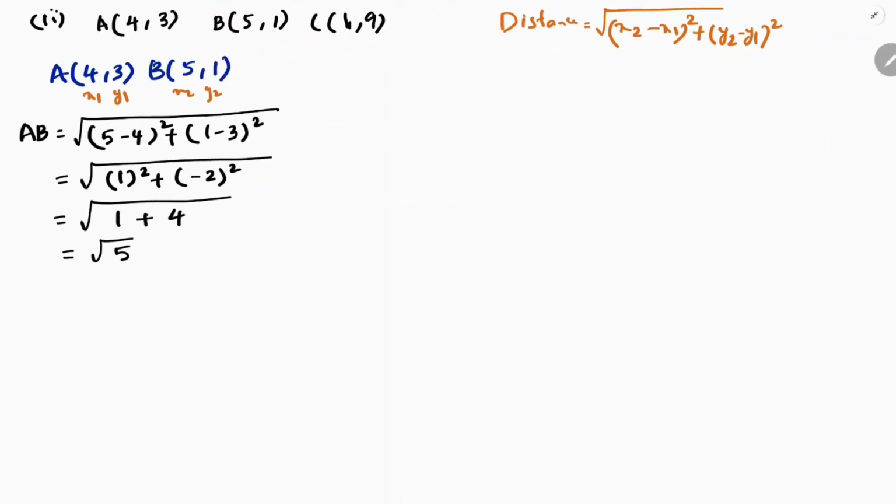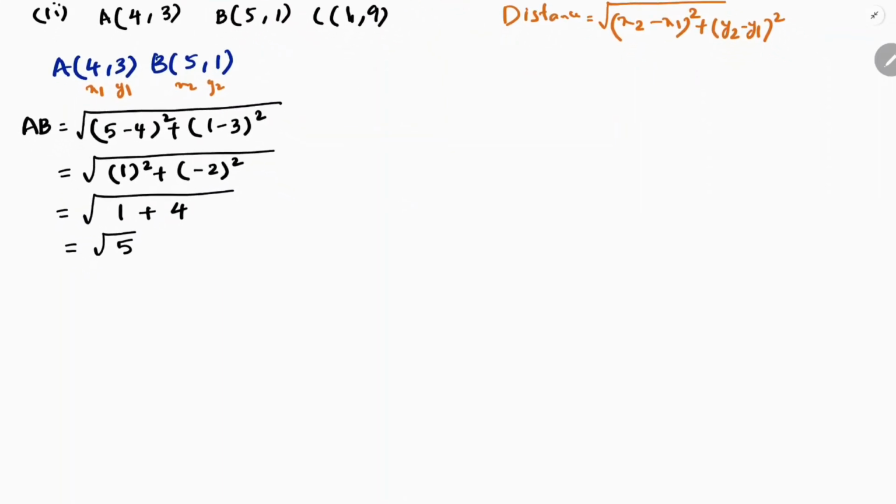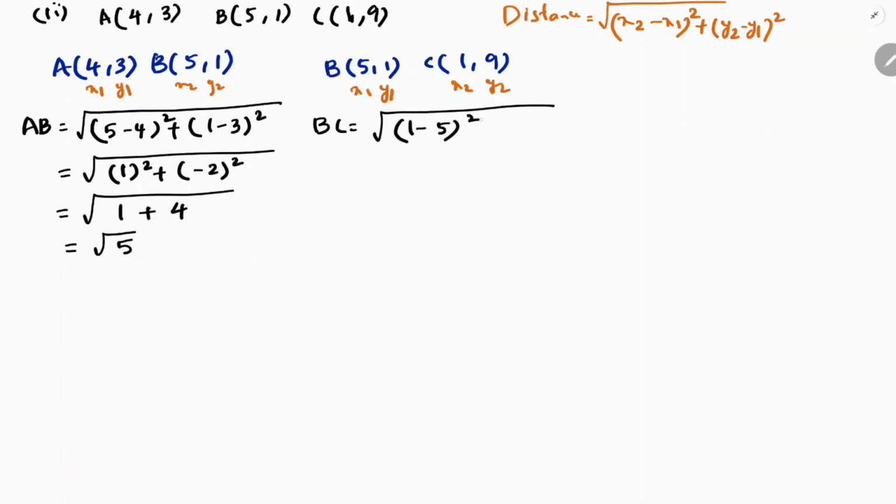Now for BC, B is 5 1, C is 1 comma 9, x1 y1 x2 y2. So BC is under root 1 minus 5 whole square, 9 minus 1 whole square.